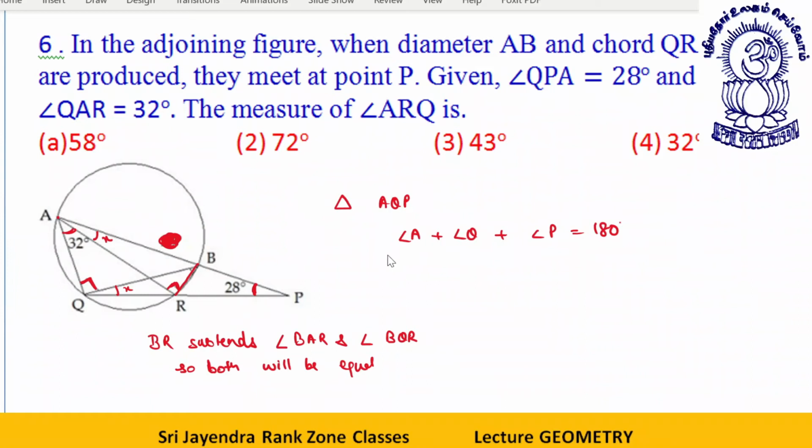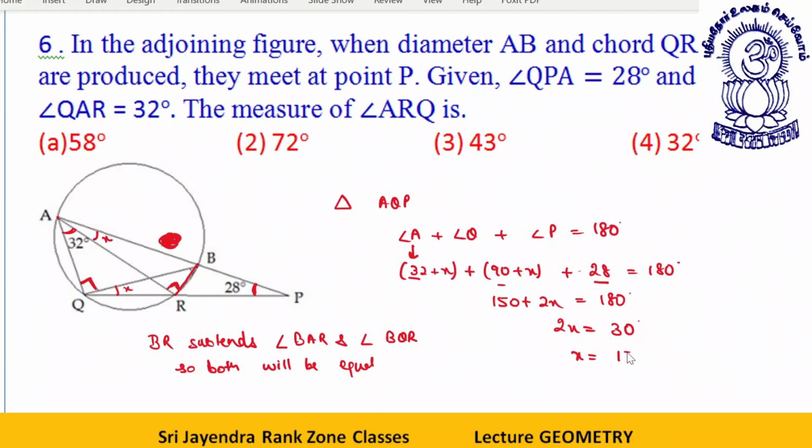Now, angle A is 32 plus X. Angle Q is 90 plus X. Angle P is 28. All this combined together gives you 180. 32 plus 28 is 60. 60 plus 90 is 150. 150 plus 2x, X and X combined, will give you 180 degrees. So 2x is equal to 30 degrees, or x is equal to 15 degrees.